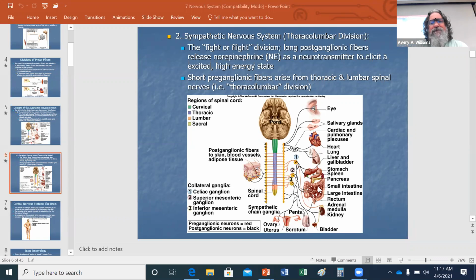So if you want to talk about parts of the brain that produce hormones, the epithalamus by way of the pineal gland, and then the hypothalamus, which itself produces hormones, but also associated with it is the pituitary gland, which is a gland.